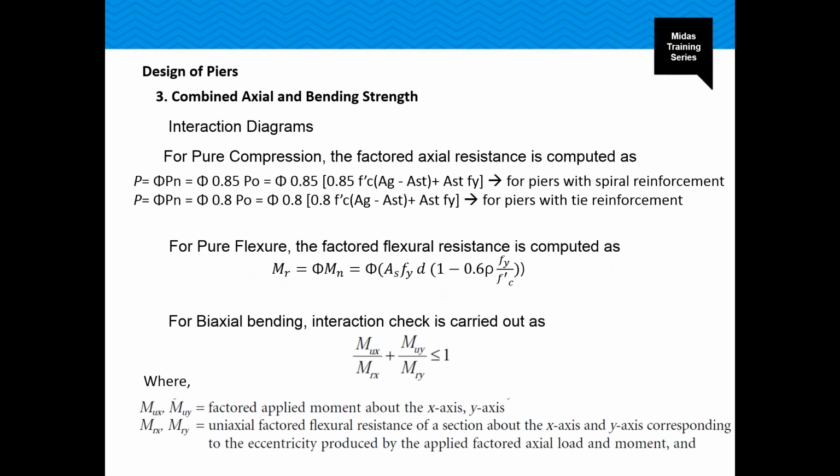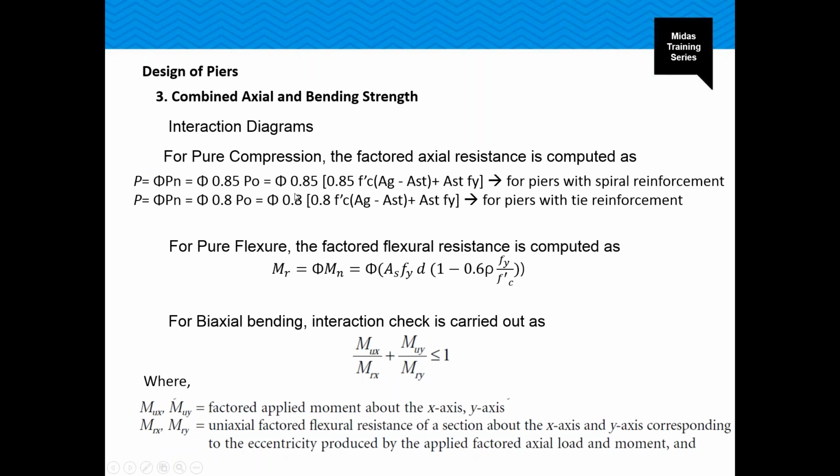Again, for calculation of flexural resistance, the combined axial and bending strength of concrete. This equation, as per the AASHTO code, gives us the pure compression resistance of the pier.